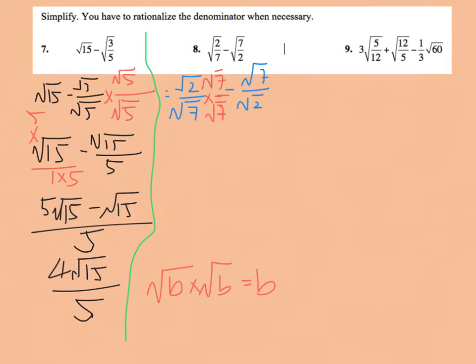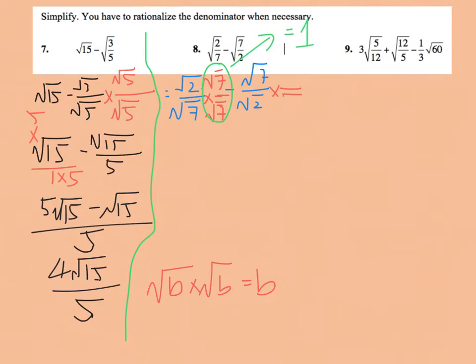So this value here is actually equal to 1. So it doesn't change the value of square root 2 over 7. In the second term, the denominator is root 2. So think about which radical term you can multiply by root 2 to get a rational number.